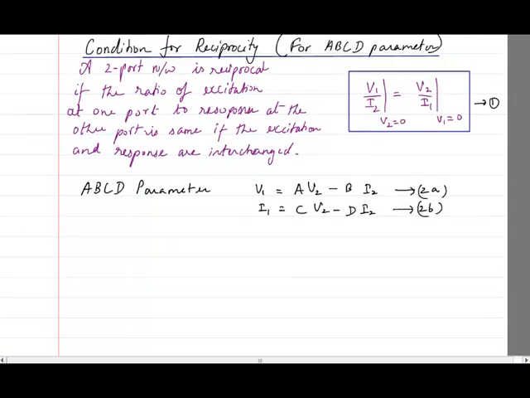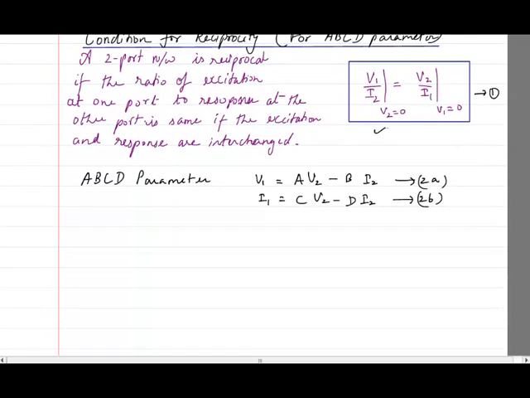So first I have to find out the left hand side, which is V1 by I2. If V2 is equal to 0, why am I taking V2 equal to 0? Because I want to find this left hand side.